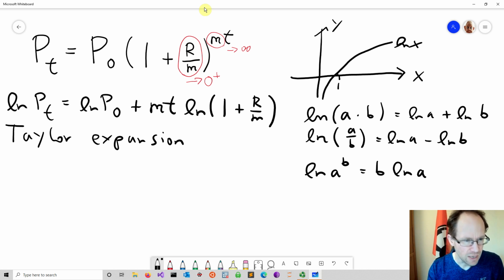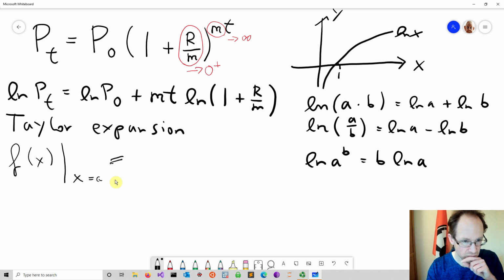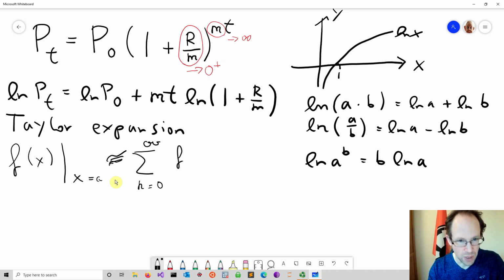Okay. Now the general equation for the Taylor expansion goes as follows. So this is f of x, which I assess, so vertical line, at a certain point. So just write x equal to a. This is, or better to say, it's approximately equal to the sum of n from 0 up to infinity, f to the power of n.